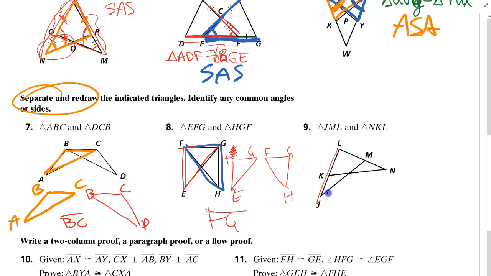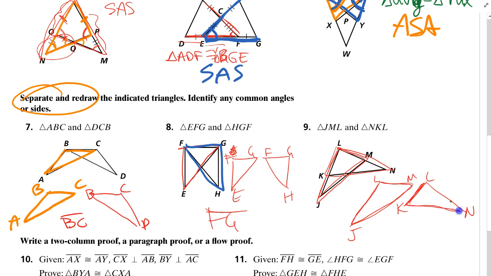Number 9, I've got this one and this one. And they'll look like this. LMK, LN is here, J is here. So here are the vertices of this triangle.